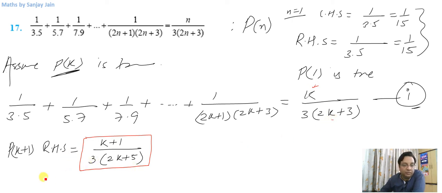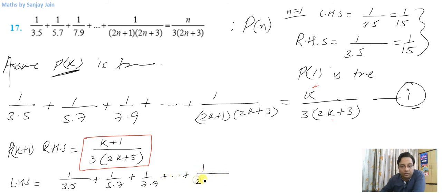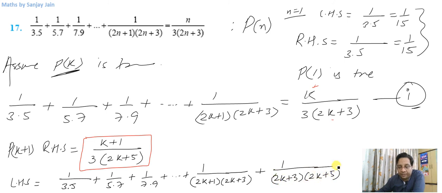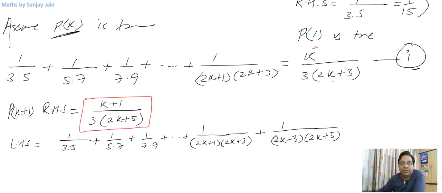So this is what I am looking for on the right hand side of P(k+1), and the left hand side of P(k+1) will be 1 upon 3 into 5, 1 upon 5 into 7, 1 upon 7 into 9, 1 upon (2k plus 1)(2k plus 3), and then the next term, which is 1 upon (2k plus 3)(2k plus 5). So this is the left hand side of P(k+1).